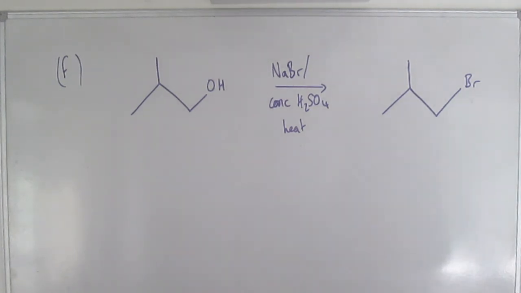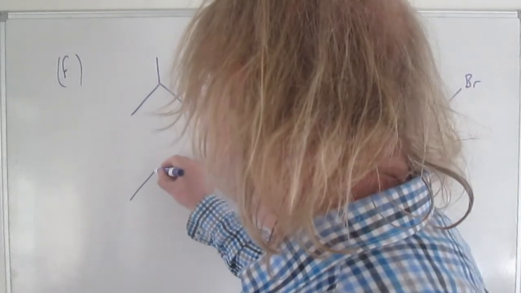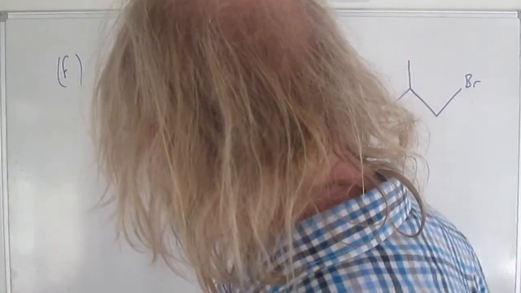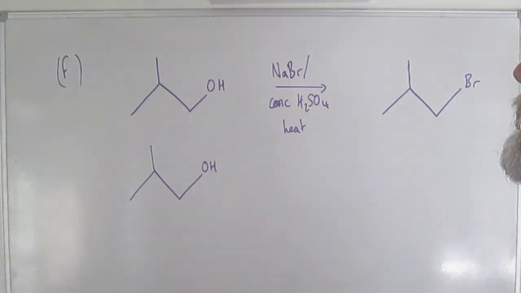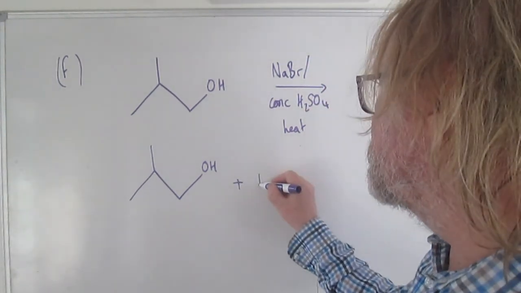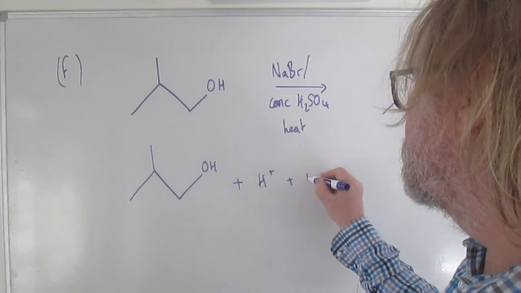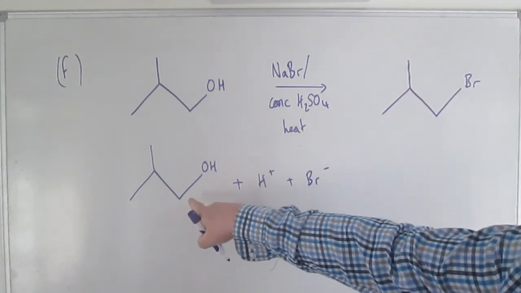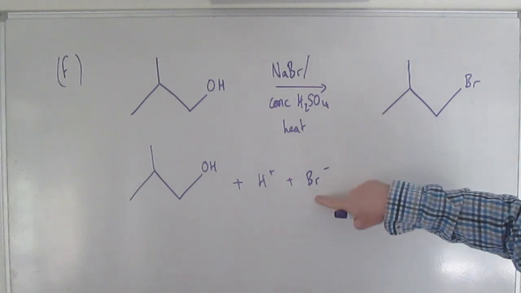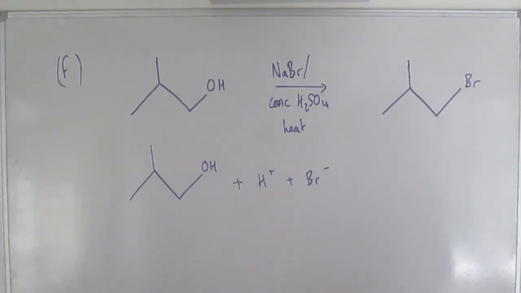When you come to the equation though, the easiest way to do it is either to just say that in effect that produces HBr, or actually I think the best way to do it is like this: you've got your alcohol, you get H+, which comes from the conc. sulfuric acid, you get Br-, which comes from the NaBr, because in effect that's right.